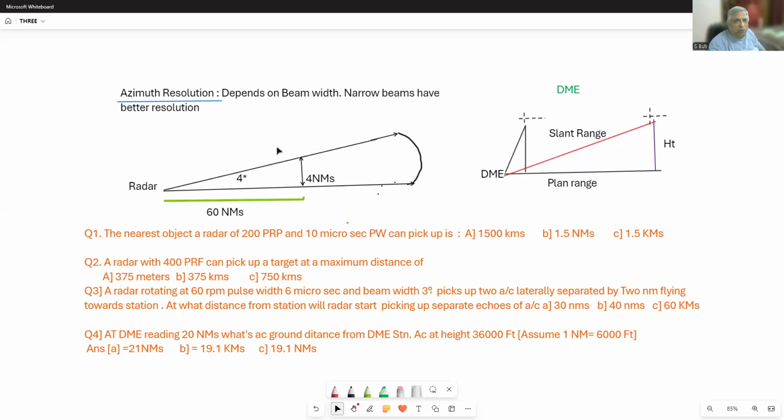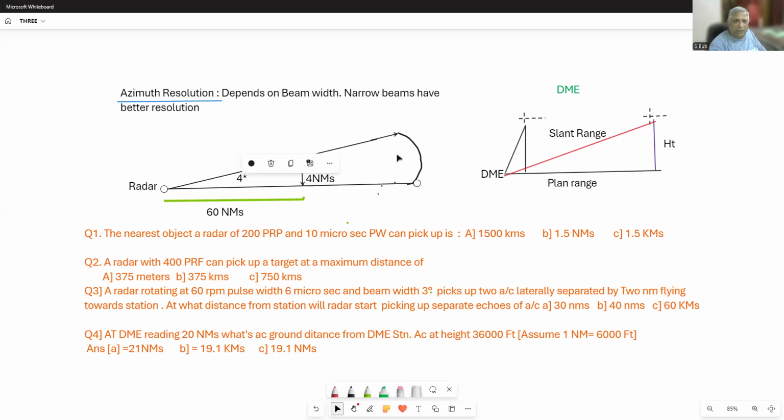Apply the 1 in 60 rule. And please remember, narrow beams will have a better resolution. If this beam is narrow, you find these two aircraft are separated. If the beam width is very large, then these two aircraft will come within the same lobe.